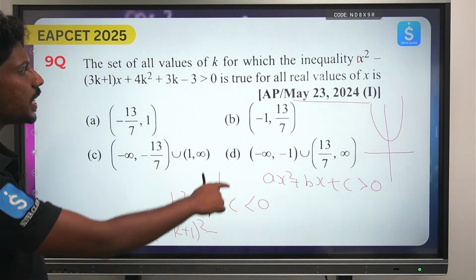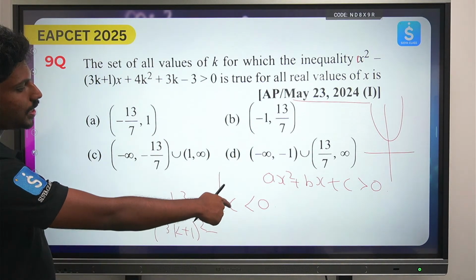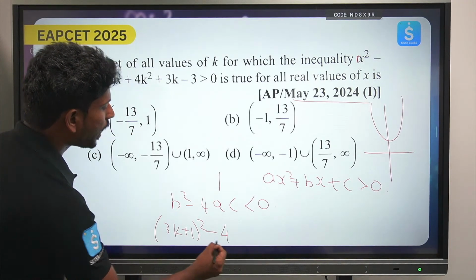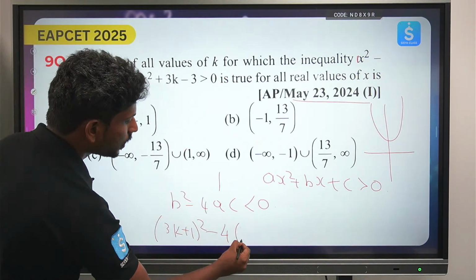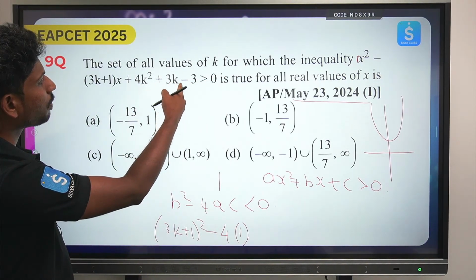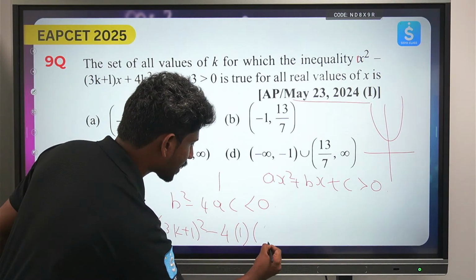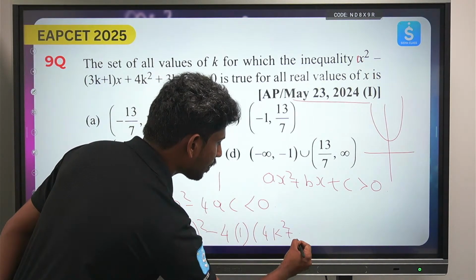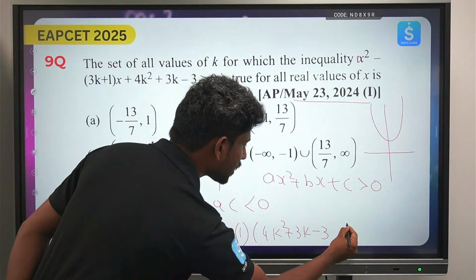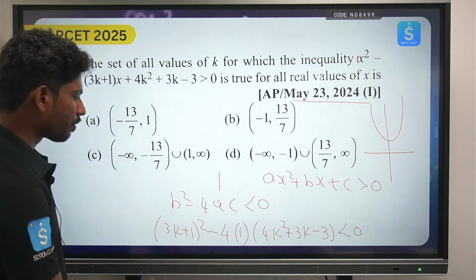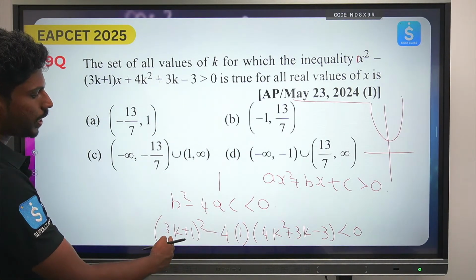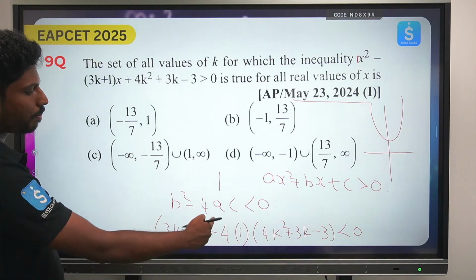Now taking b square minus 4ac, what is the a value? a value is 1, and what is the c value? 4k square plus 3k minus 3, which is less than 0, right? Now just try to expand the whole thing. We have 9k square plus 1 plus 6k.